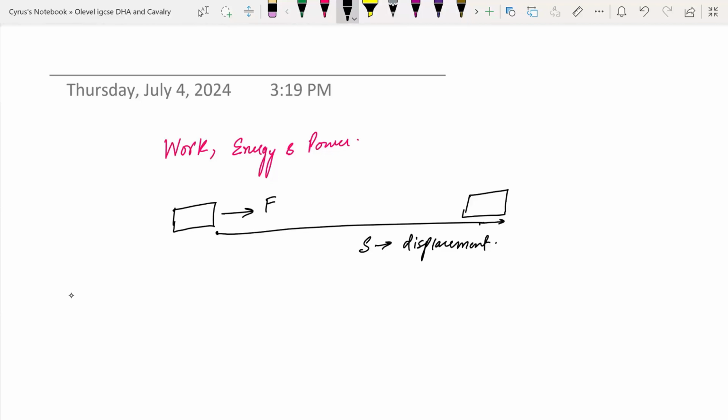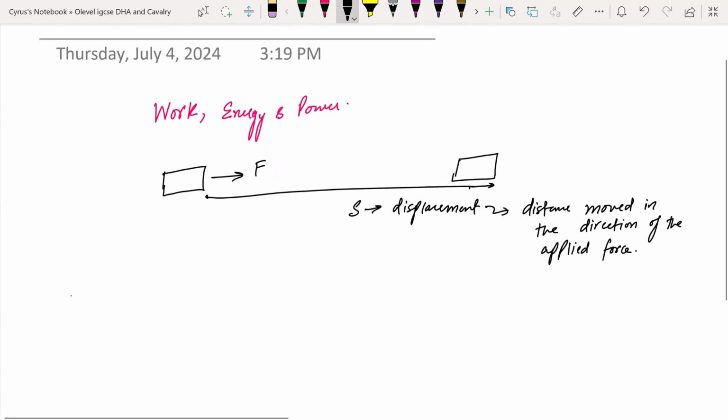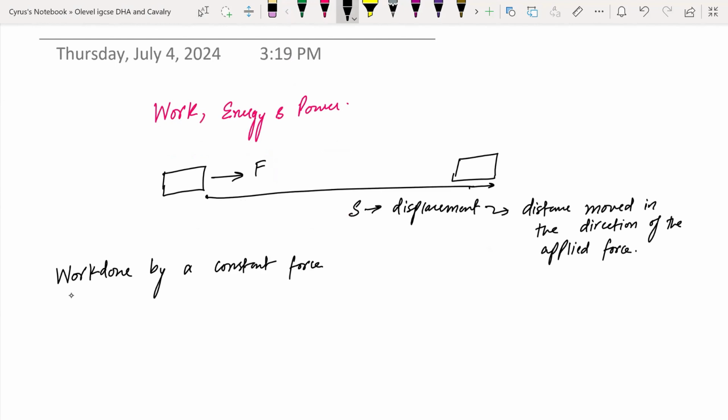It is the distance moved in the direction of the applied force, right?